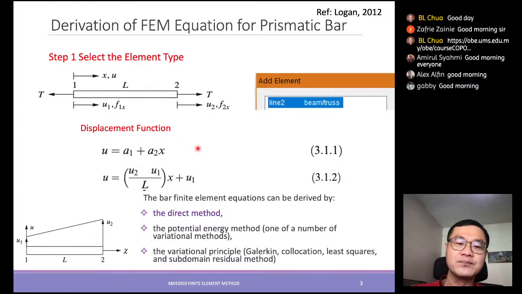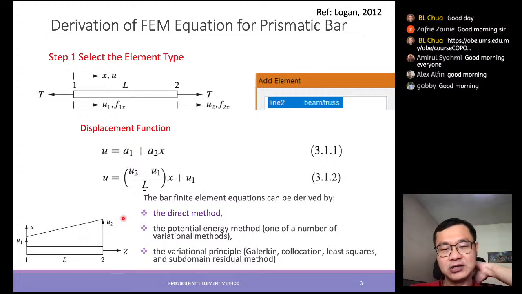So you can see that the displacement function is very straightforward. It's just a two unknown parameter displacement function that you can use to predict the extensions of the bar due to the tensions acting along the axial directions, so it increases linearly, right?